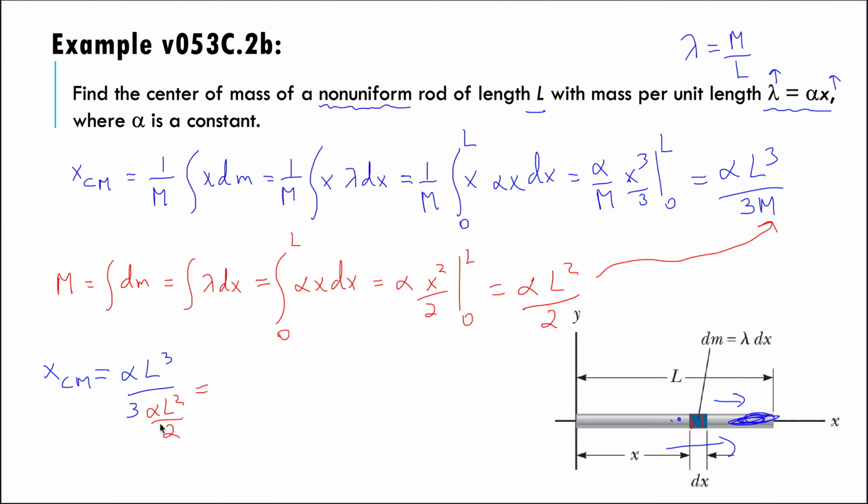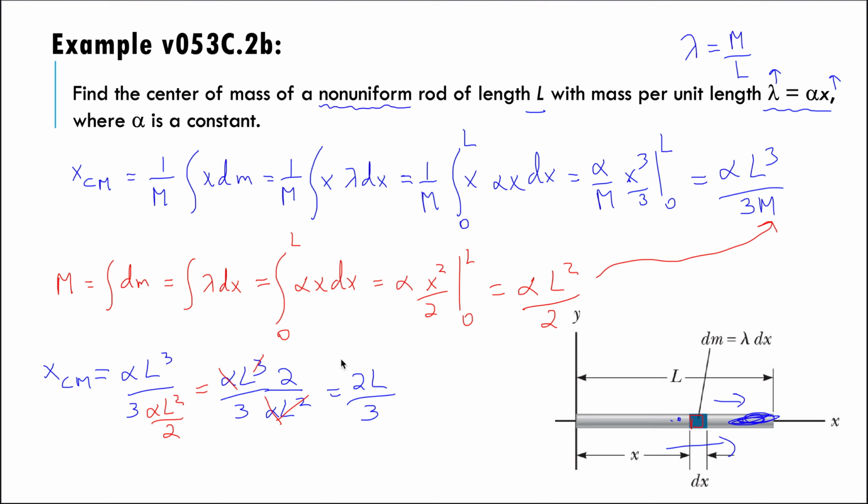When we divide by a fraction, we can multiply by the reciprocal. So we're going to get alpha L cubed over 3 times 2 over alpha L squared. That allows our L squared to cancel out. We just have L on the top, our alphas cancel out, and we're left with 2L over 3.